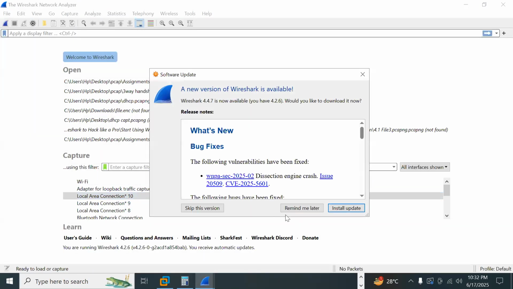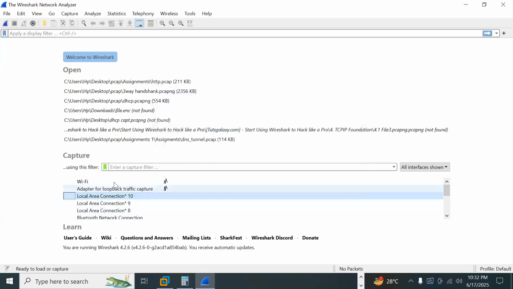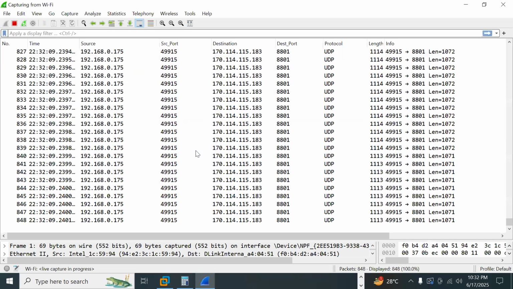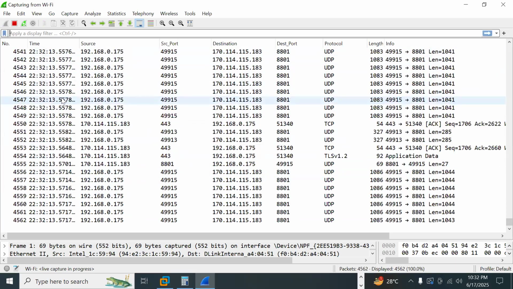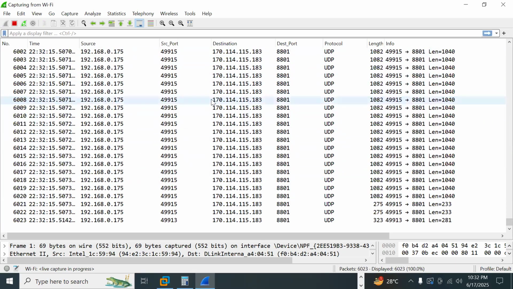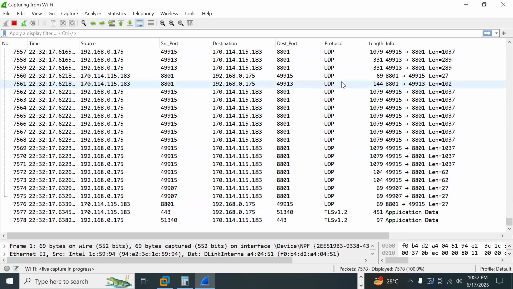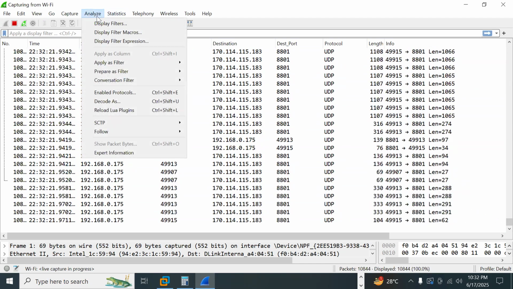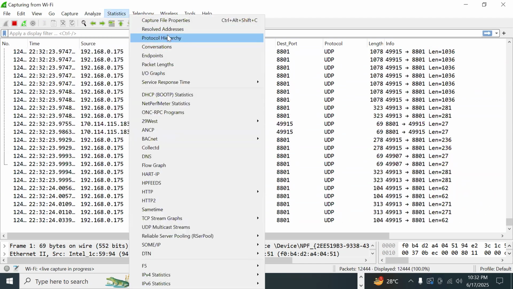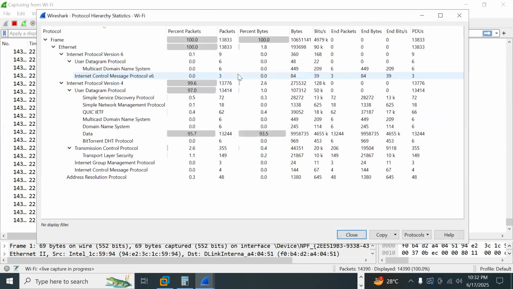Let me give you one example here. Here you can see all my network transactions. I have my source IP, the destination IP, and different types of ports here. I'm going to analyze the different types of protocols. Here you can see the entire protocol hierarchy.